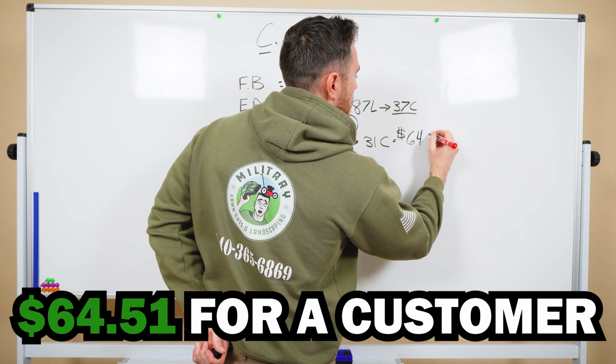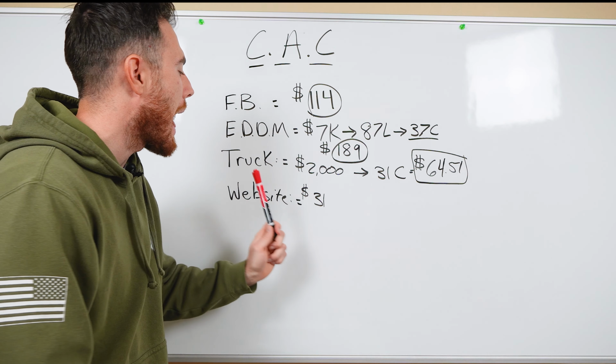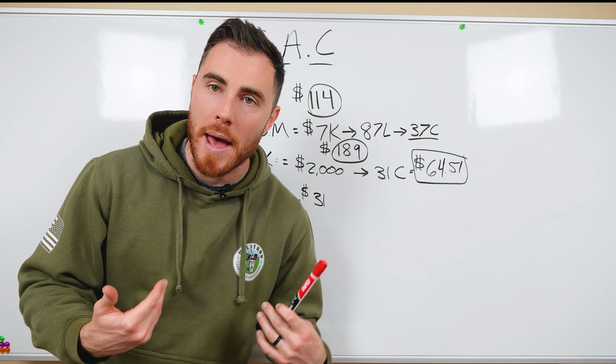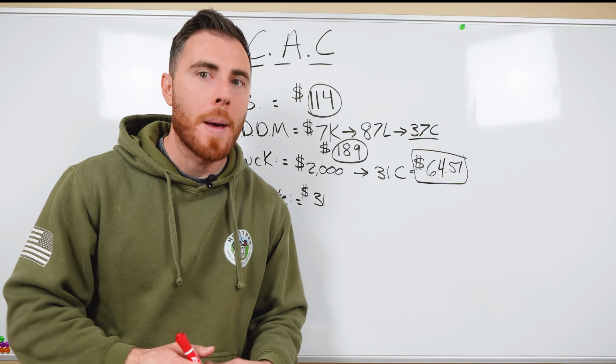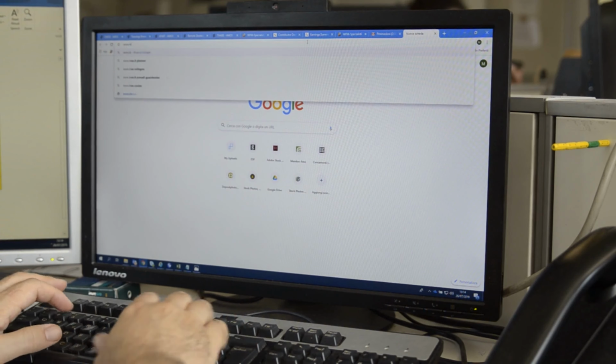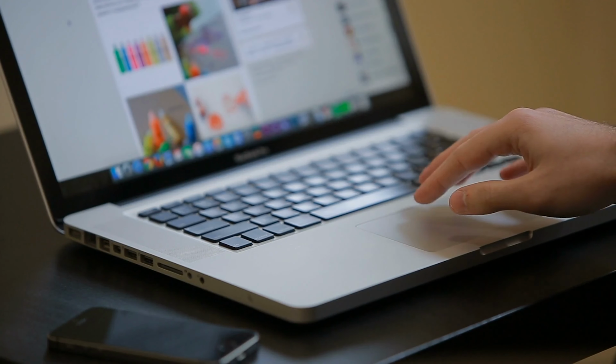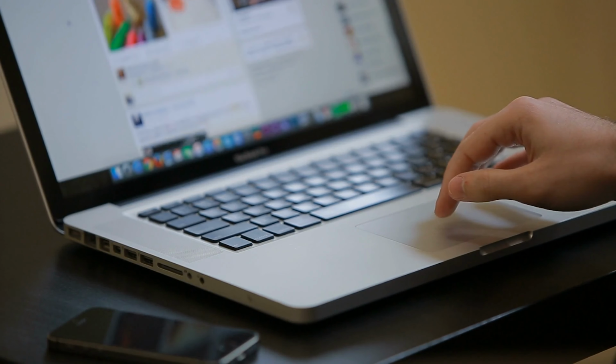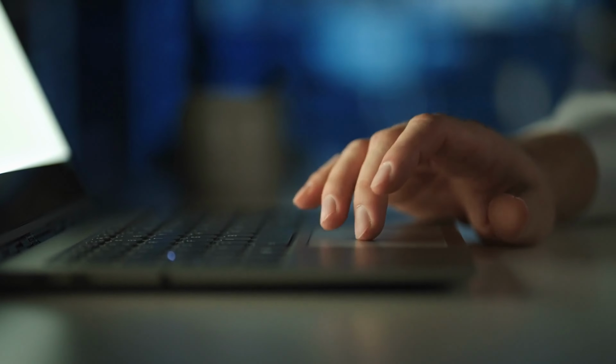Again, this is going to be really small because the website's amazing and it's organic. We spent $31 on our website. Now, this is a little bit flawed because this does not include the time that I spent a couple years ago building the website, making sure the SEO is good. There's hours and hours of work. But now that it's up, honestly, every 6 months I go in there and tweak a couple things. It's very hands off.